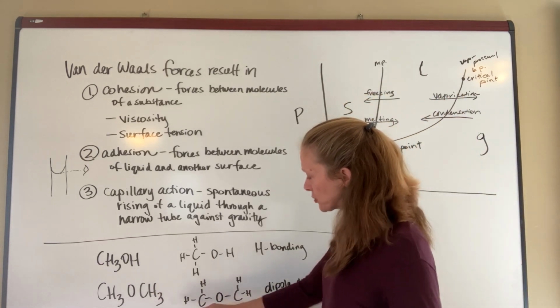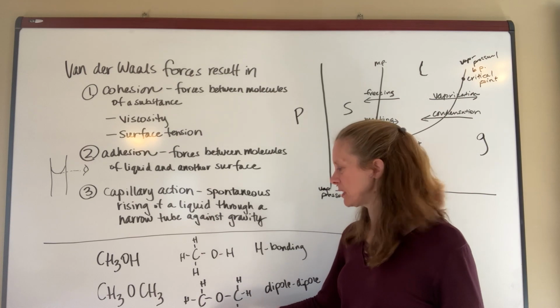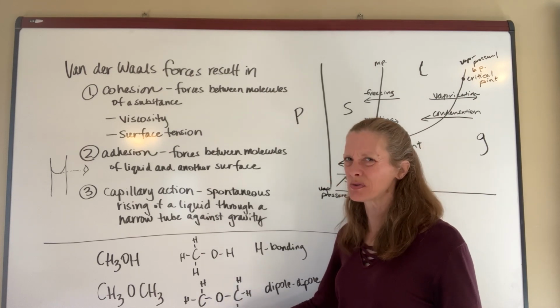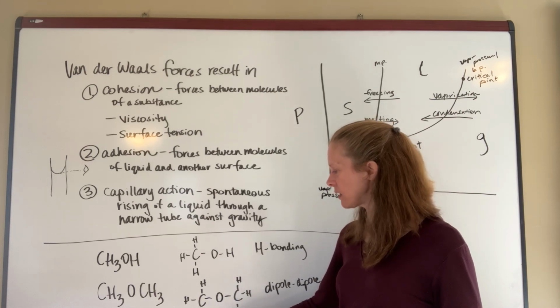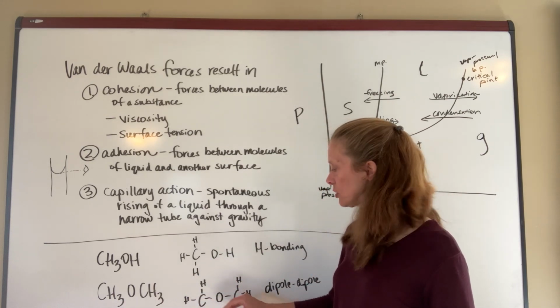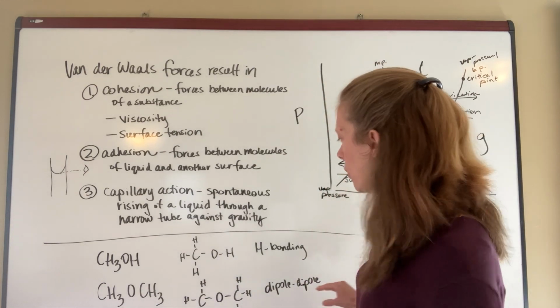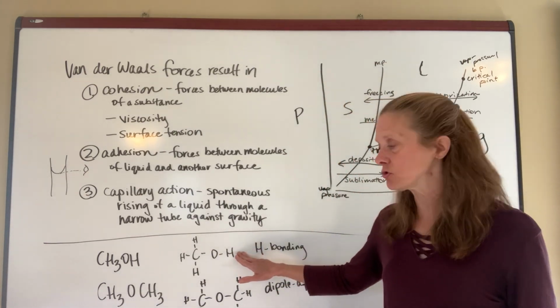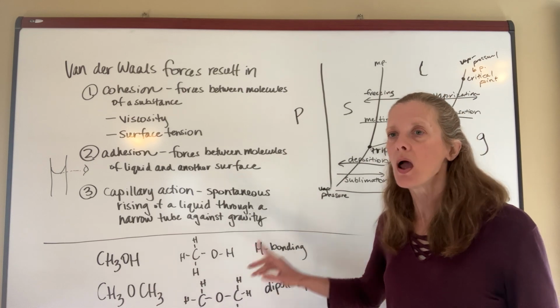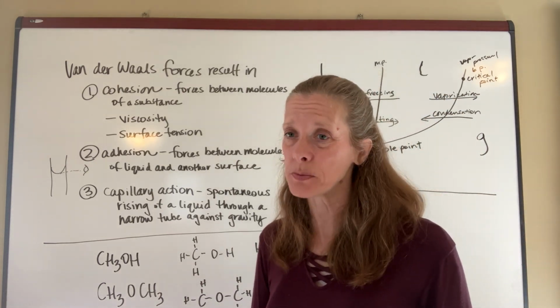It's pretty symmetrical. So if you looked at this, you'd probably say there's really not much of a polar molecule there because it is so symmetrical, but there could be some dipoles in here just because of electronegativity differences. Therefore, since this one exhibits hydrogen bonding and this one does not, which one then is going to have the higher boiling point?